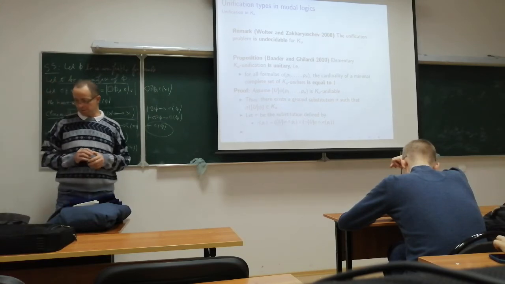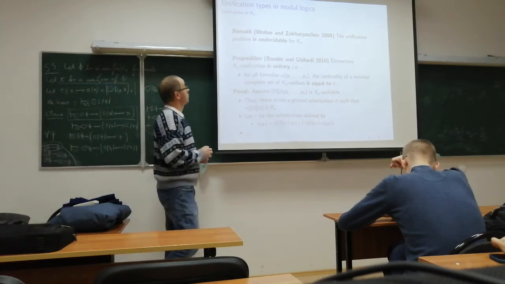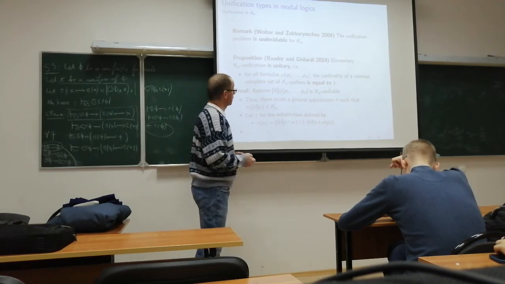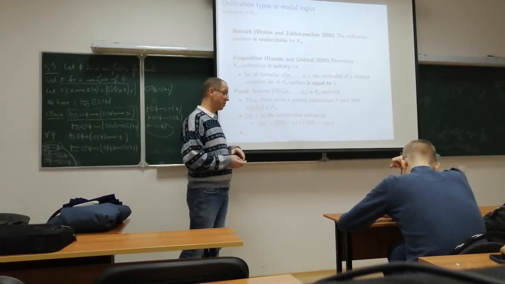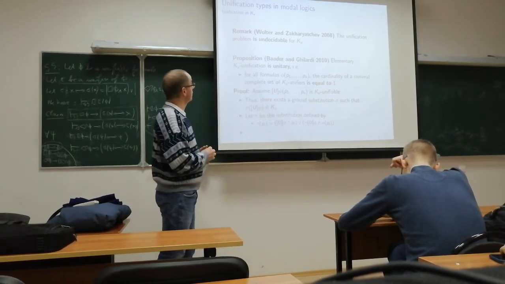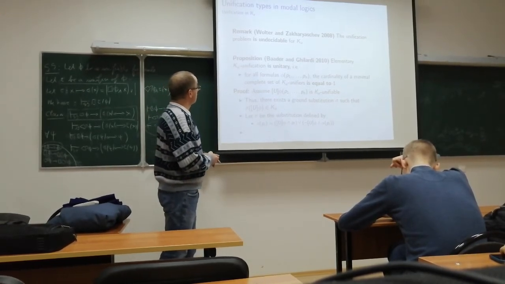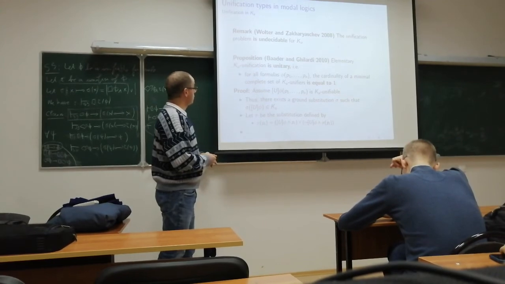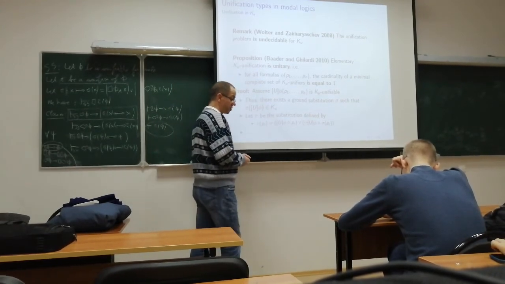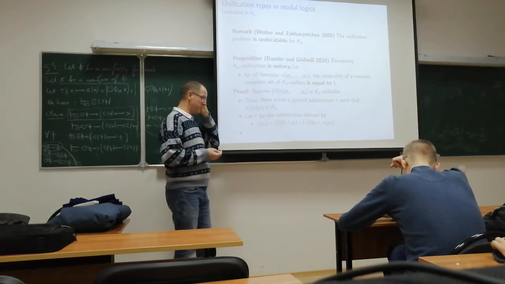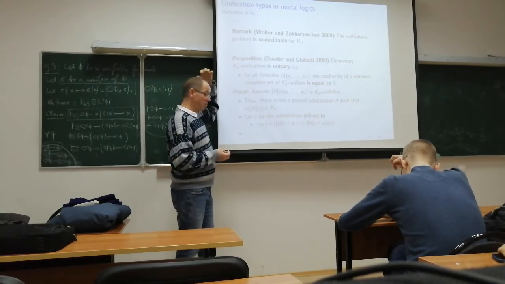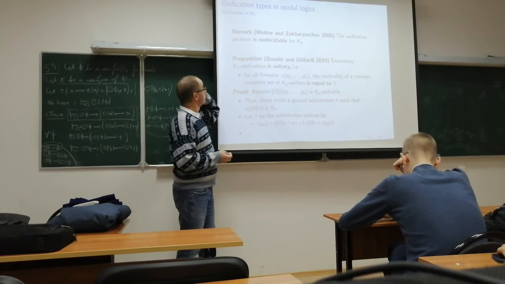So we have seen that the unification problem for K plus the universal modality, the elementary unification problem, also with parameters, is undecidable. And there is a simple proof that the unification problem in modal logic K, in fact in any normal modal logic, together with the universal modality, is unitary.